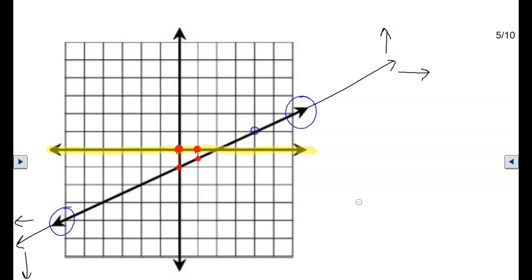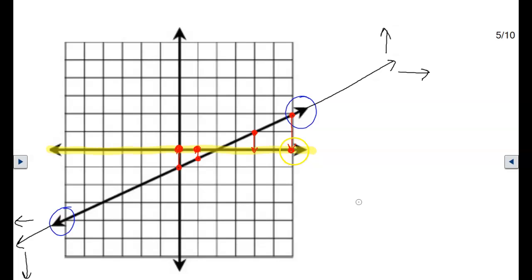If I move over here to this point and I trace it back to the x-axis, that puts me at 1, 2, 3, 4. So 4 is in the domain. If I go right here, trace it back to the x-axis, this number is in my domain. That would be 1, 2, 3, 4, 5, 6.